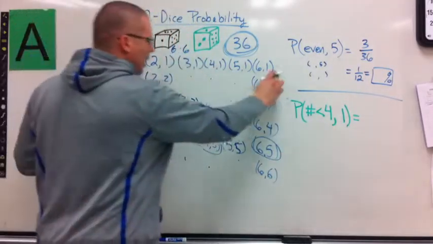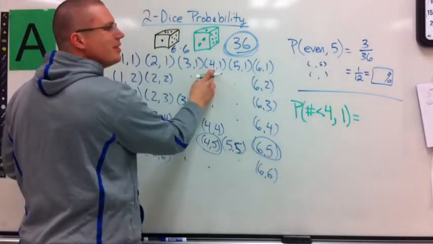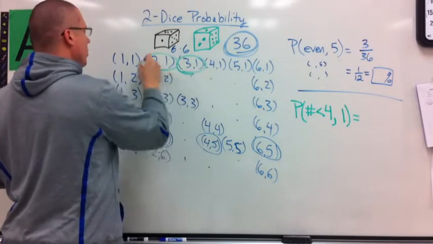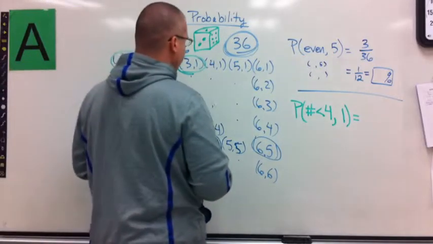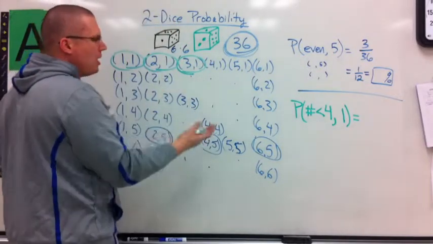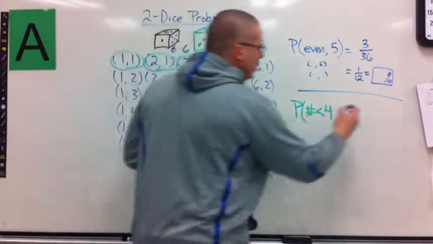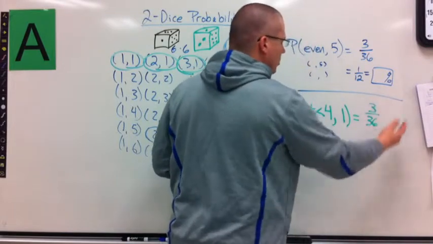So I'm looking at the first column. Something less than 4. This is not less than 4, this is equal to 4, so I can't pick it. 3, 1, 2, 1, 1, 1. Again, this would be 3 out of 36. This is just by chance of the ones I'm picking that work. They're not all 3 out of 36. Same, reduces to 1 over 12.